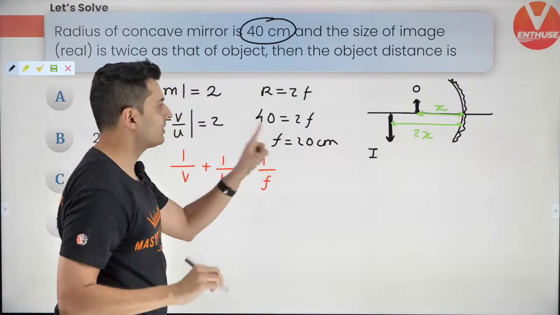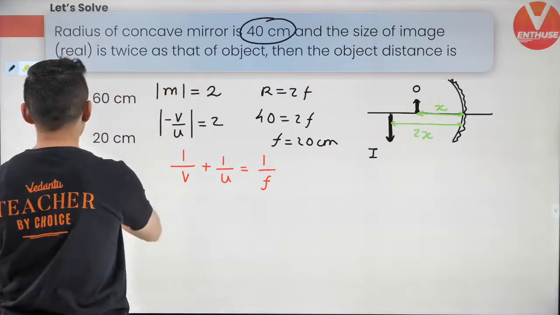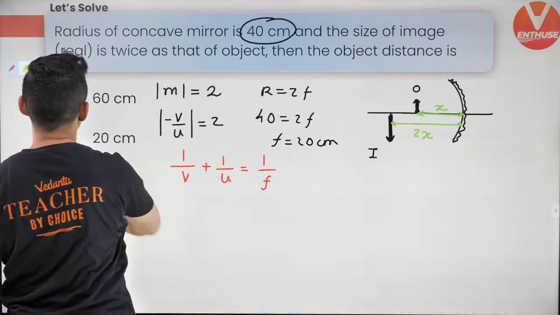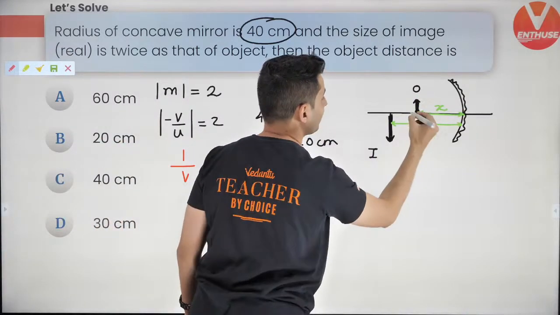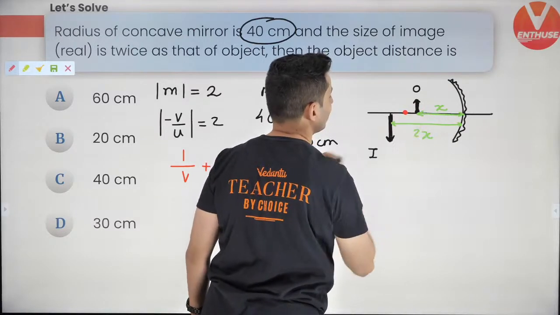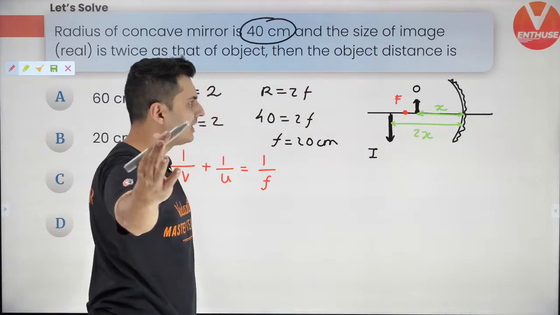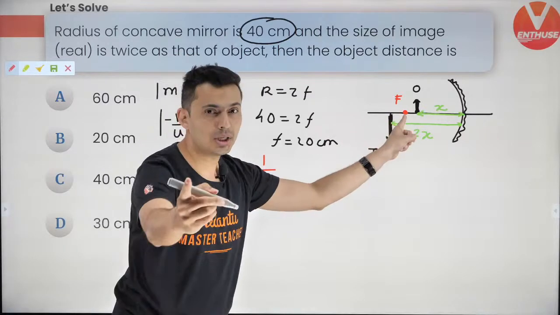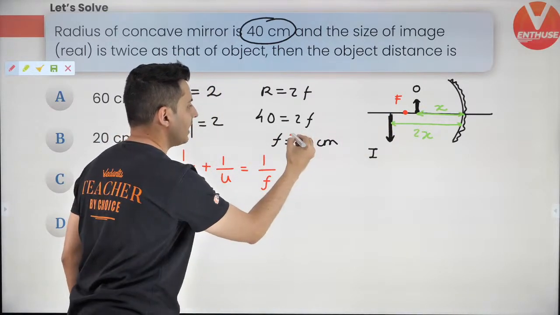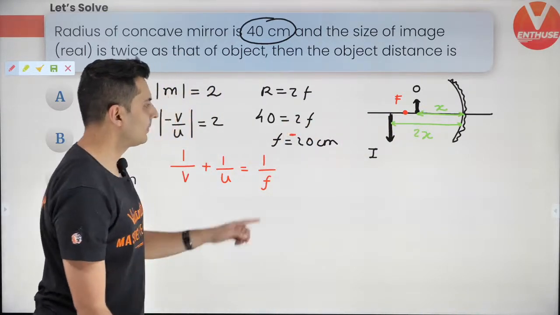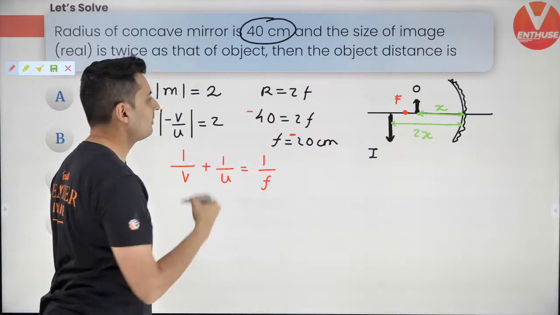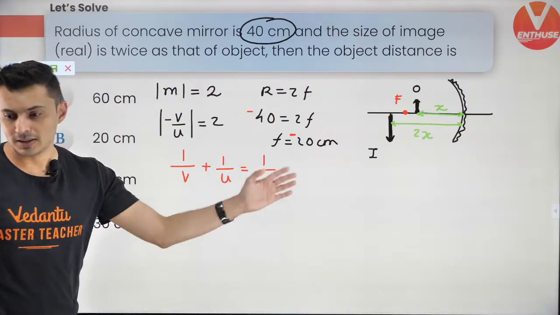But should I take it as plus or minus? Well, for a concave mirror, the focal point is somewhere here, on the left side. So shouldn't it be negative? So focal length will be negative. In fact, r will also be negative. I hope this is clear.